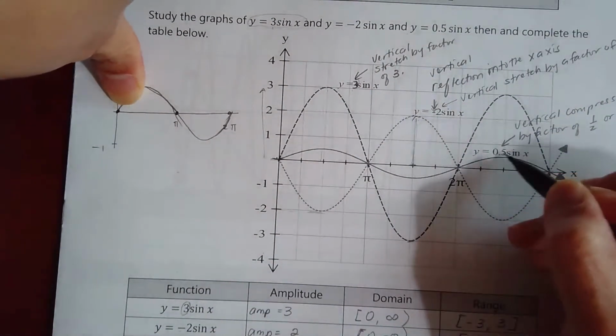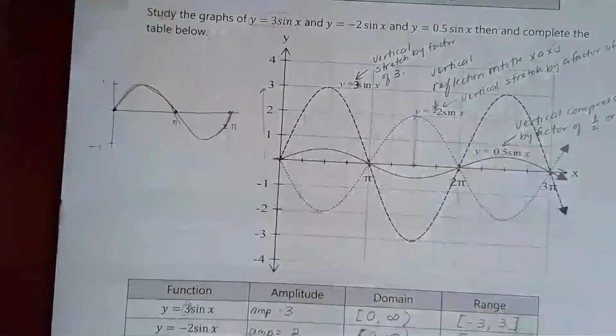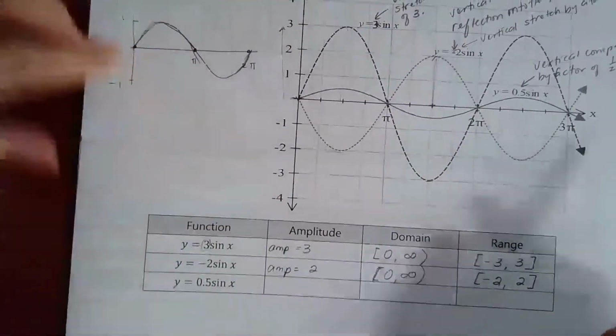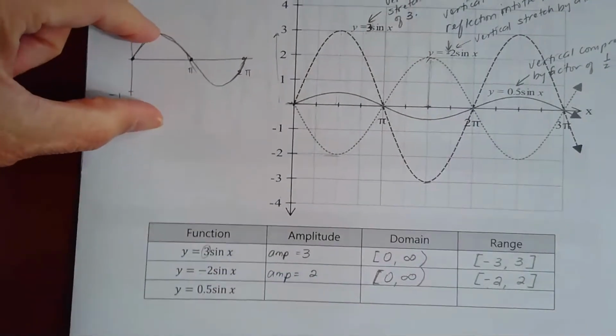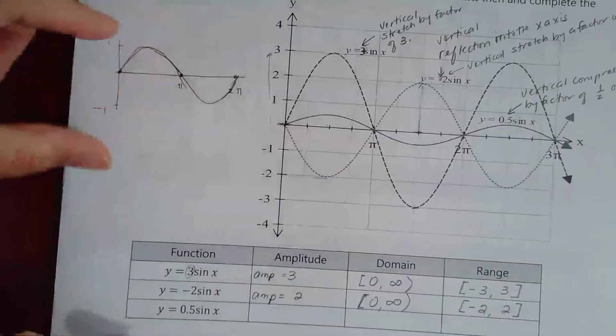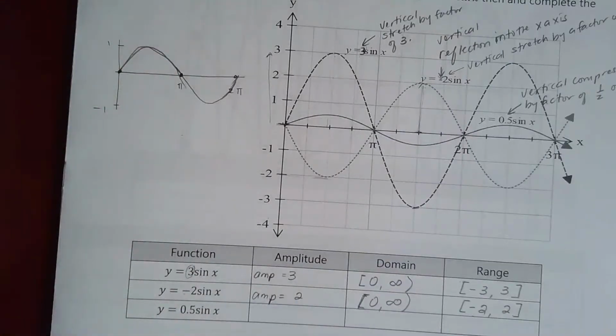No reflection going on in there. So whatever the original function is, this is the original y equals sine of x, it's compressed by a factor of 1/2 vertically.